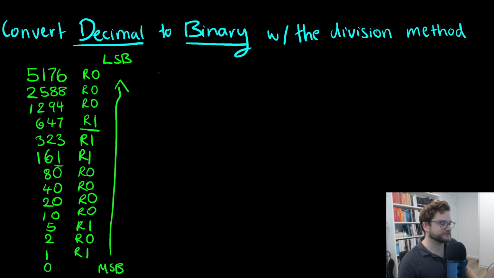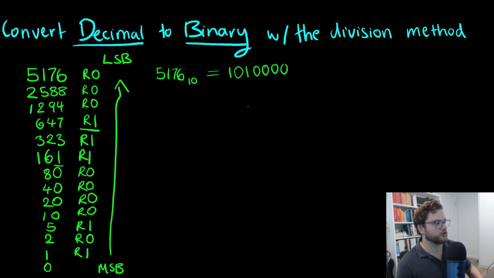So let's write this out properly. 5,176 base 10 is equal to 1, remember here, 101, followed by 4 zeros, 1, 2, 3, 4, 3 ones, and 3 zeros in base 2.